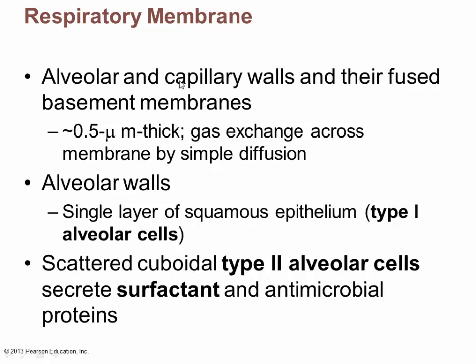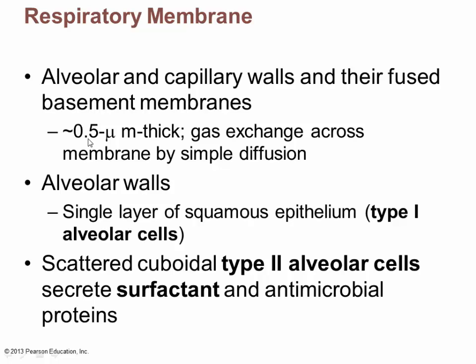The capillary walls have to do with blood. So we've got the lungs and the blood supply right next to each other, both very tiny. It's these two walls and their fused basement membranes. In fact, we've fused both the alveoli and the blood vessels together. Very, very thin, 0.5 micrometers thick.